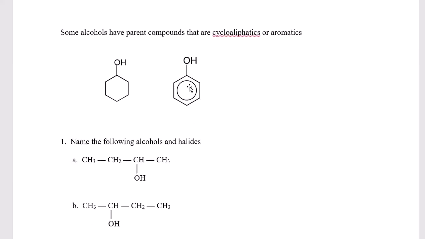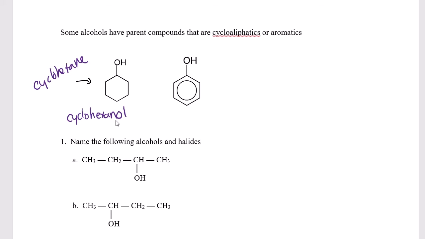The last thing that I need to show you before you can try some of these on your own is that cyclic alcohols are named kind of as you'd expect. So this has a cyclohexane backbone, right? And just like with a straight chain, instead of being called cyclohexane, it will be called cyclohexanol, because we've dropped the E, because it's not a polyalcohol.